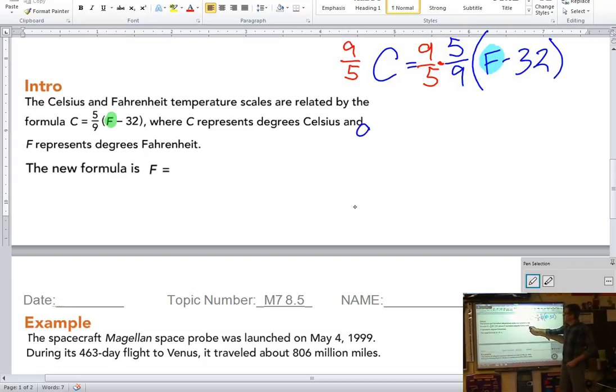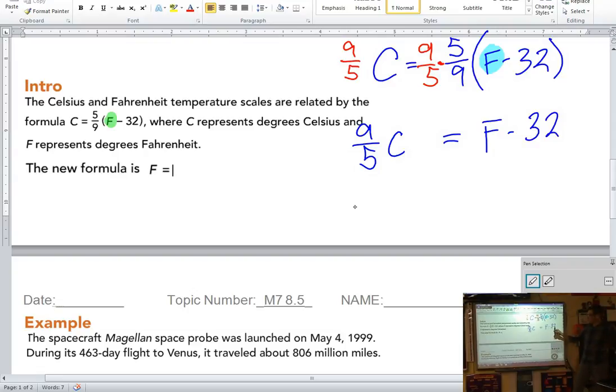So I now have 9/5 C equal to just what was in the parentheses, so now it's just F minus 32. Sebastian, what would I do now to get my F by itself? I would say you also need to add the 32.